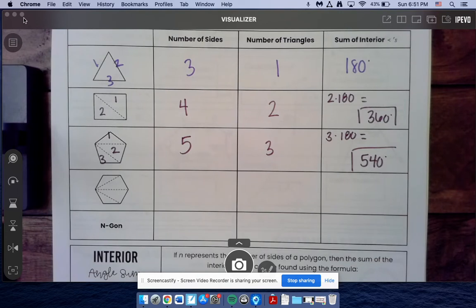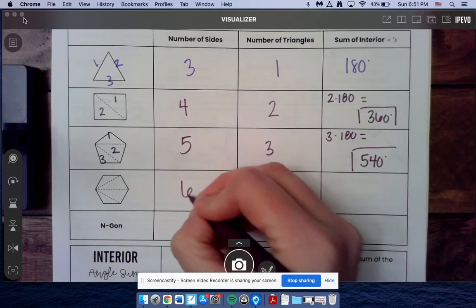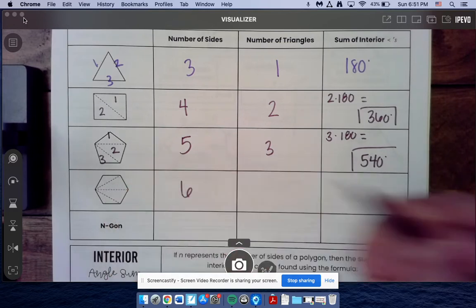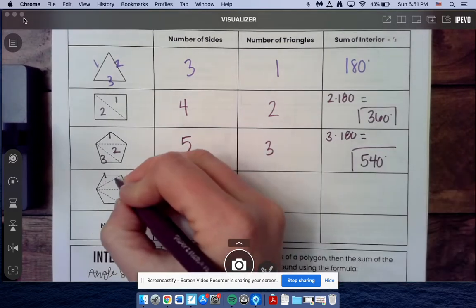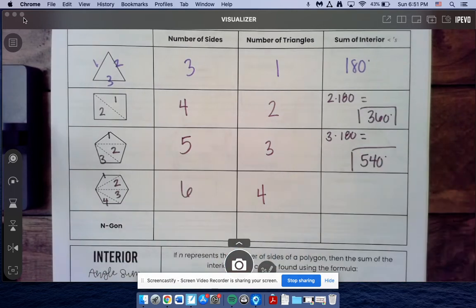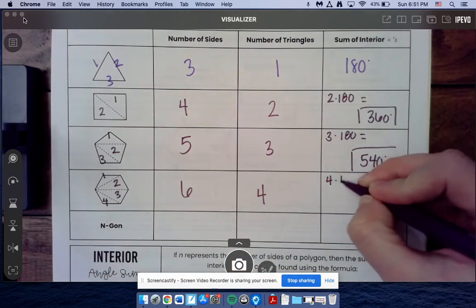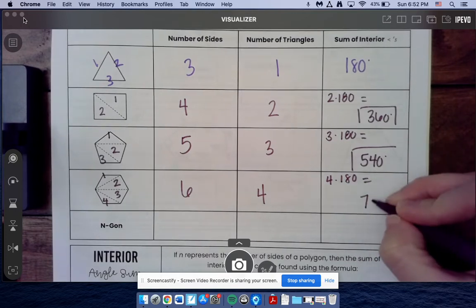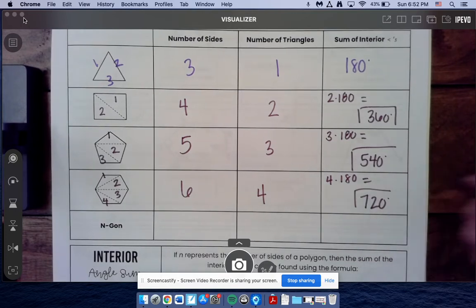And our last one here is a hexagon, which has 6 sides. Again, we drew in those diagonals to form our triangles, and there's 1, 2, 3, 4 different triangles. So 4 times 180 gives us 720 degrees.